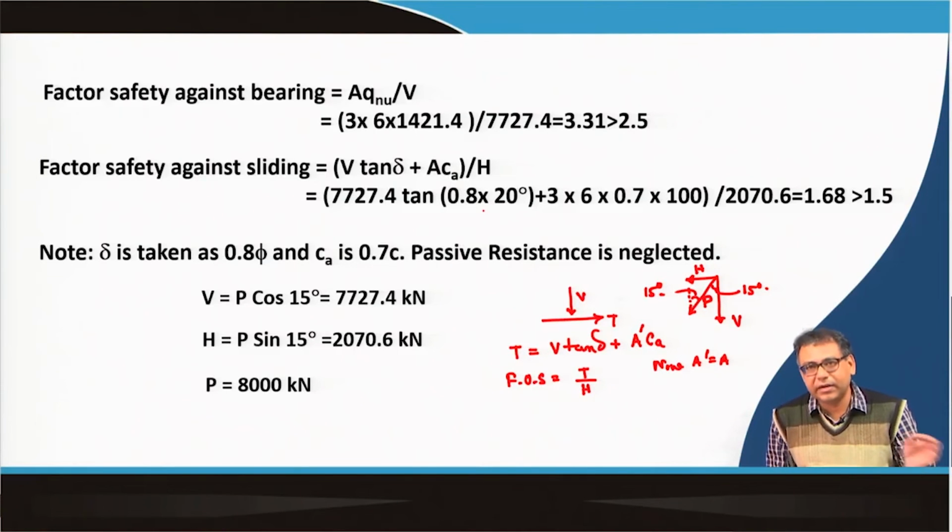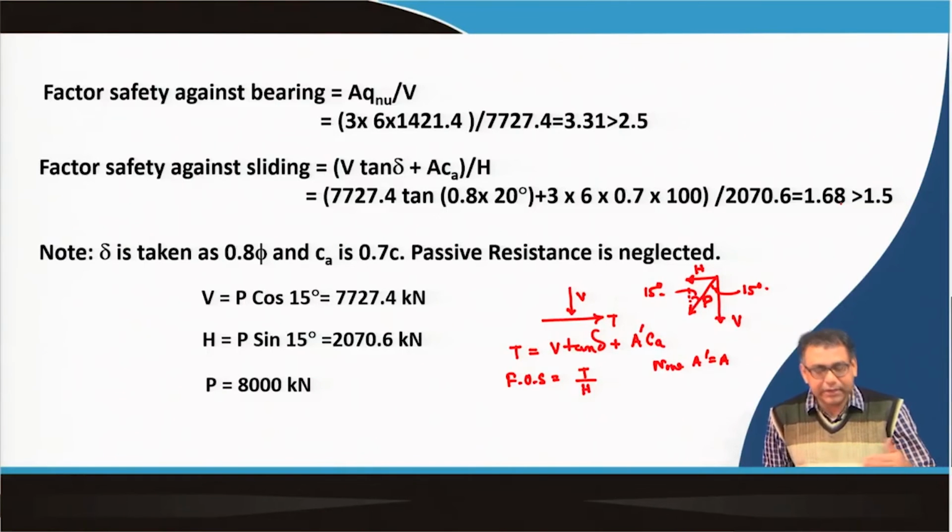In Hansen and the basic equation, it is recommended that you can take 0.6 to 1 times the cohesion, so I have taken 0.7 times the cohesion value. This is the area 3 into 6, the cohesion term is 100, divided by the horizontal force. The horizontal component is 2070.6. So, it will give 1.68, which is greater than 1.5, fine.